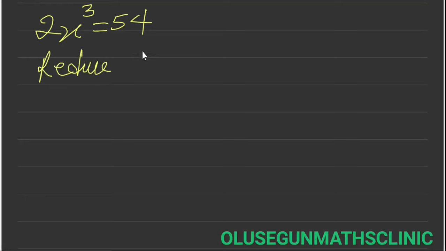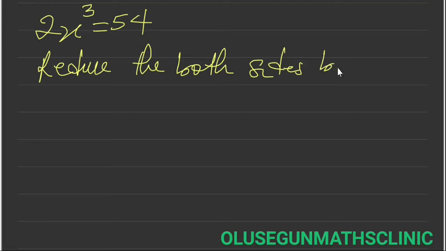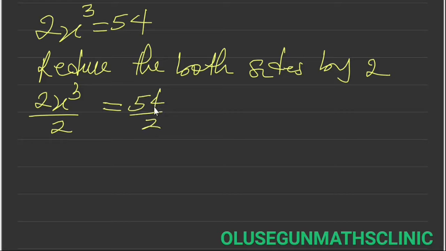Reduce both sides by 2. So when we do this, we have 2x to the power 3 over 2 is equal to 54 over 2. Anytime you say reduce, it means you can divide. So we cancel 2 here, we have x to the power 3 is equal to 27.